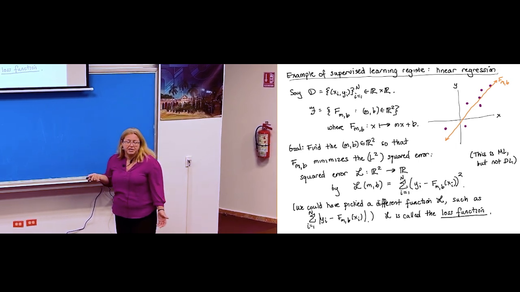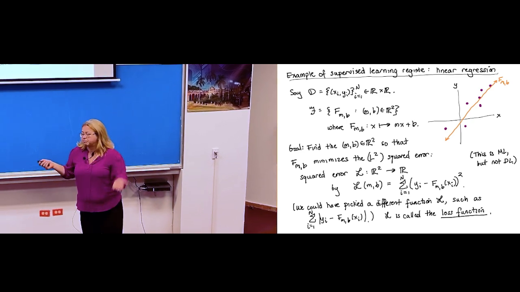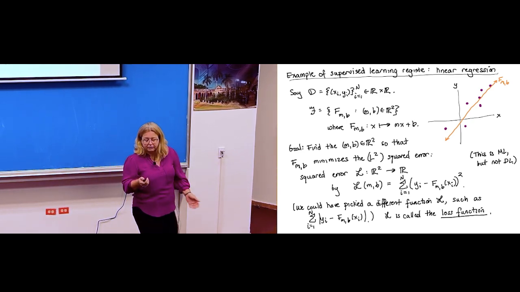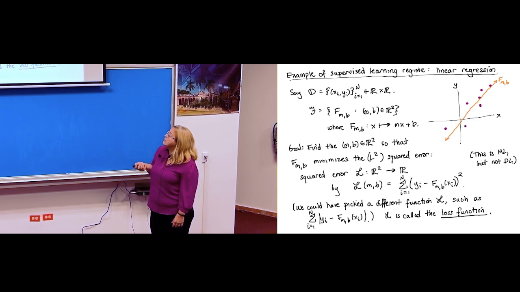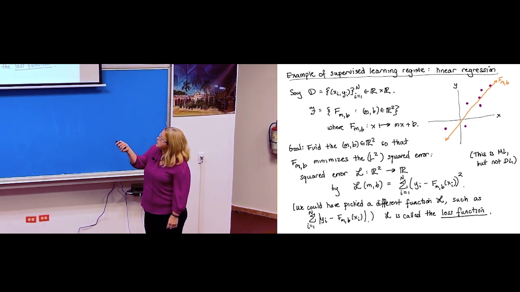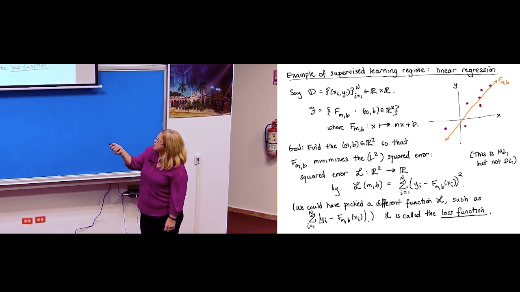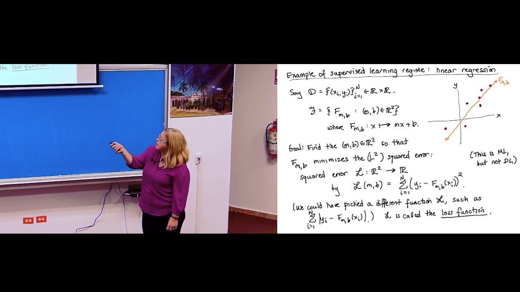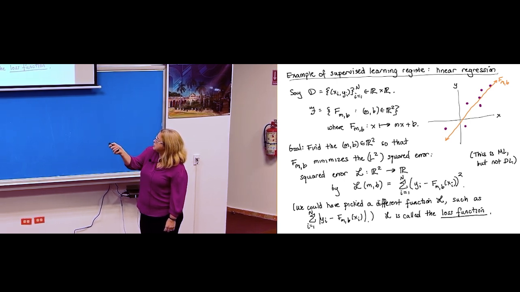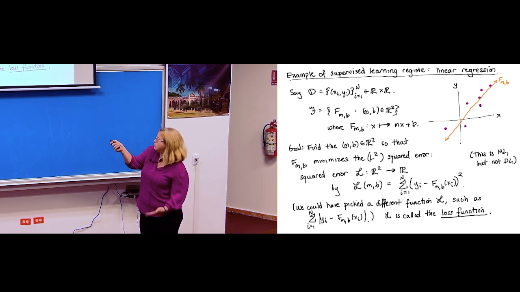So how do you define best fits your data? There's lots of choices. A natural one is using least squared error. So this is my error function, L, error or loss. So it goes from parameter space to the real numbers.